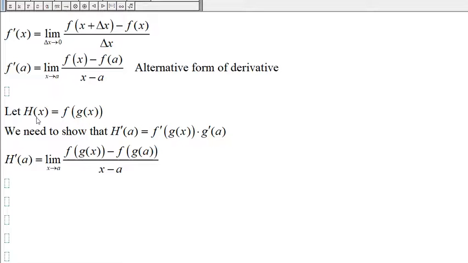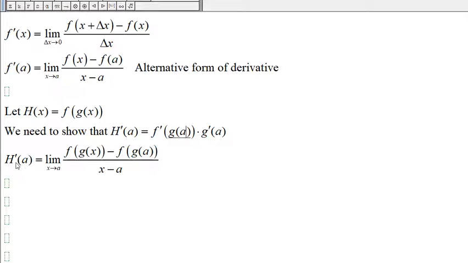So we let h of x equal f of g of x. Then we need to show that the derivative of h at a will be the derivative of f at g of a times the derivative of g at a.